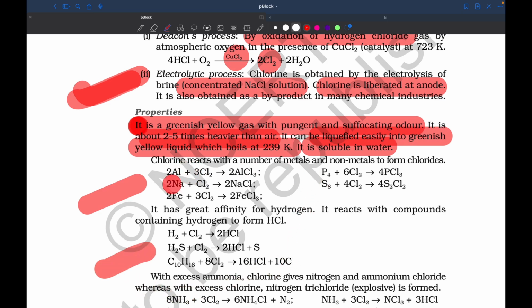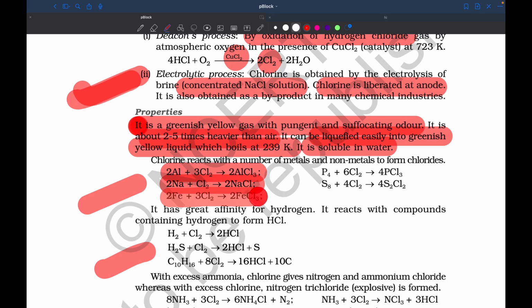Here are reactions we have been seeing for a long time. AlCl3 is formed when chlorine reacts with Al. NaCl is formed by the reaction of sodium and chlorine.